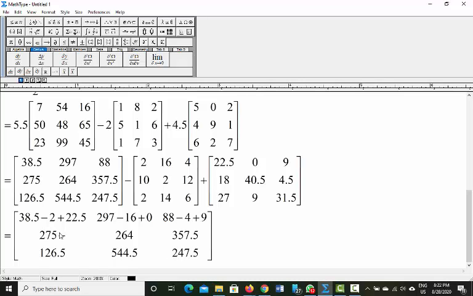Similarly, from this one we will deduct 10 and we will add 18. From this one we will deduct 2 and we will add 40.5.